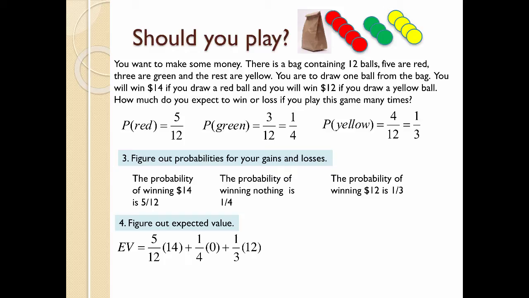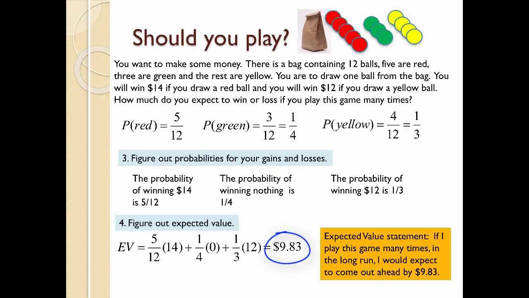Plus 1/4 times 0, so that's you get nothing for a green ball, plus 1/3 times the $12 that you win if you choose a yellow ball. We do the math and we end up with $9.83. So if I played this game many, many times, then in the long run, I would expect to come out ahead by $9.83.